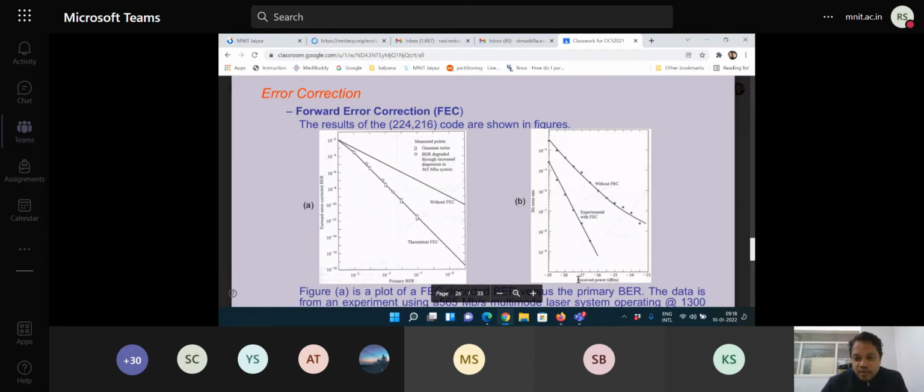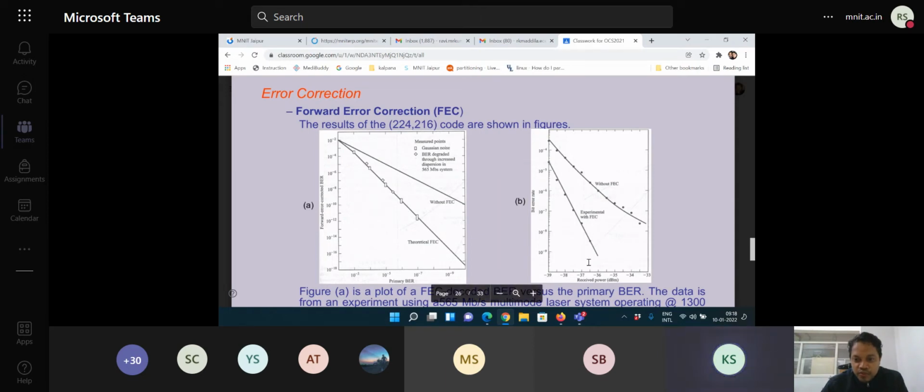If you look at the similar figure here, the x-axis indicates the received power, and the y-axis indicates the bit error rate. For the same amount of received power, if you draw a vertical line, it would indicate the same received optical power.